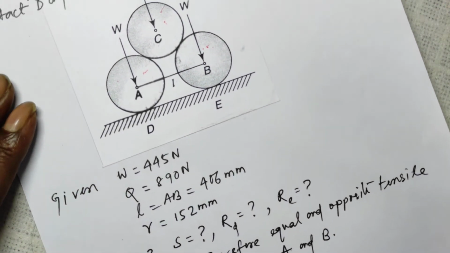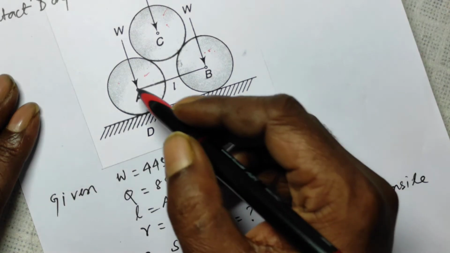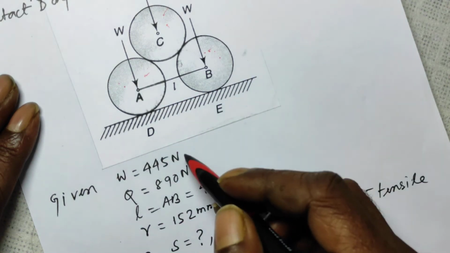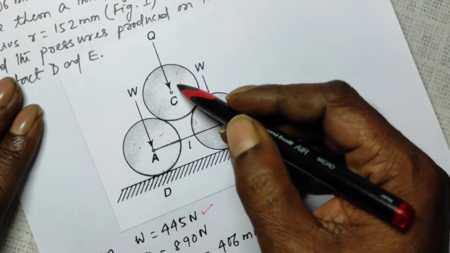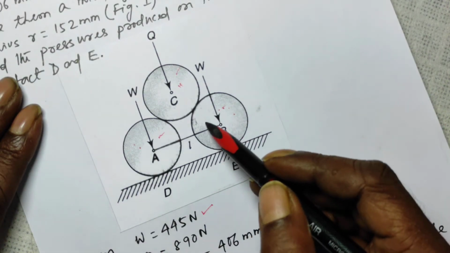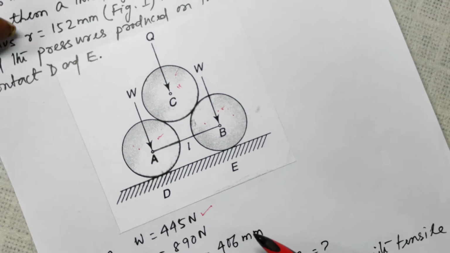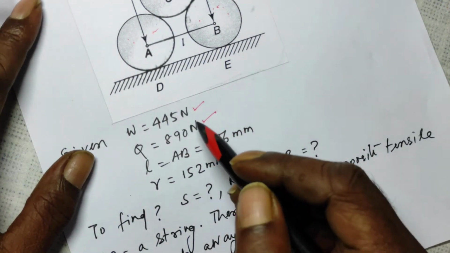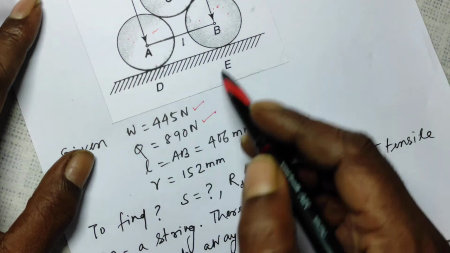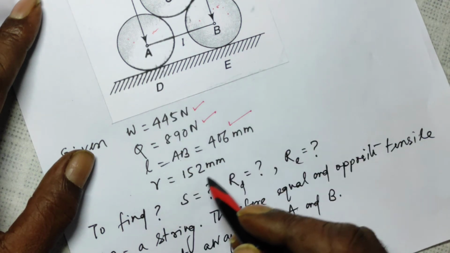What is given? The weight of this is W, weight of this is W, given as 445 Newton. Weight of the third cylinder, having the same radius as these, is Q, 890 Newton. And the length of the string AB is 406 millimeter.